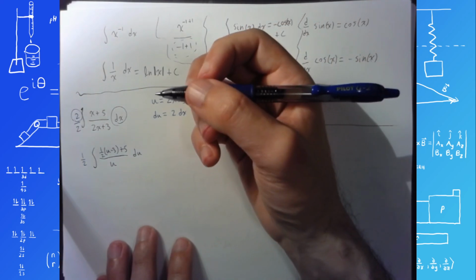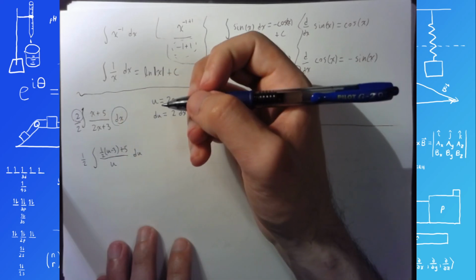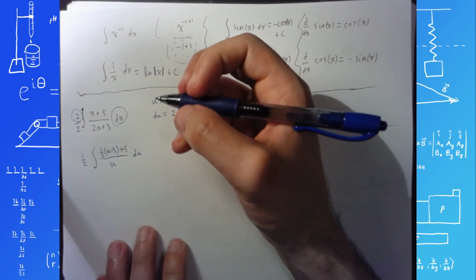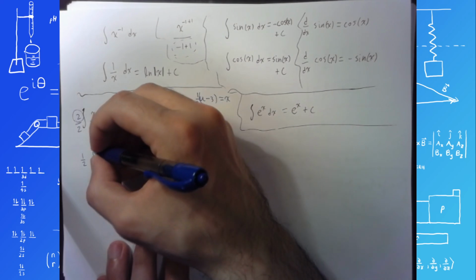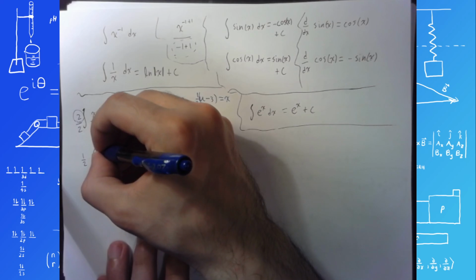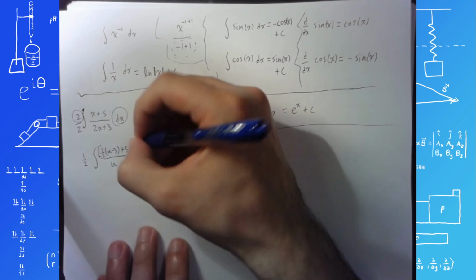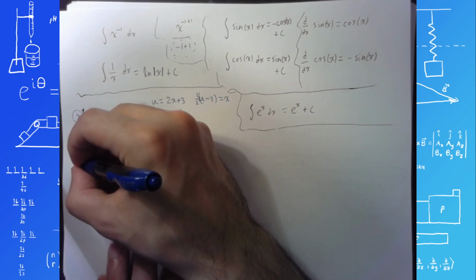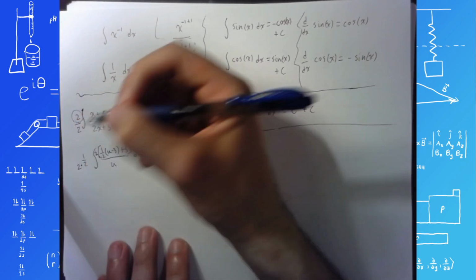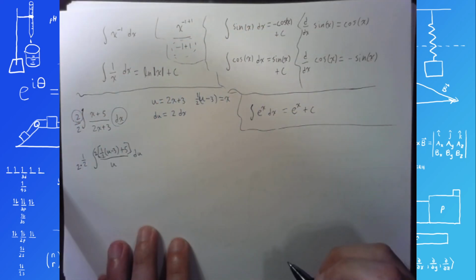Instead of distributing the 1/2, I can multiply by 2 over 2 again. So I'm going to multiply all this by 2 and also divide by 2 on the outside.